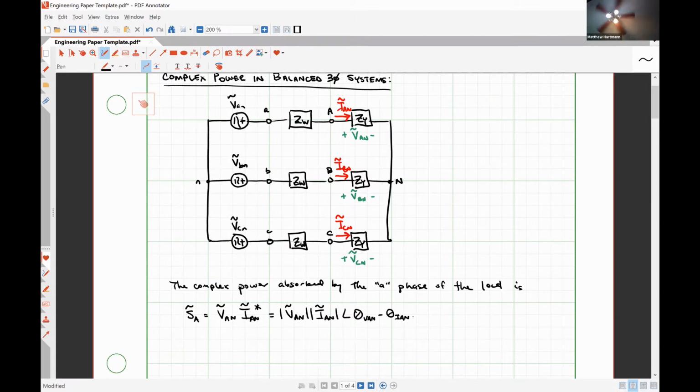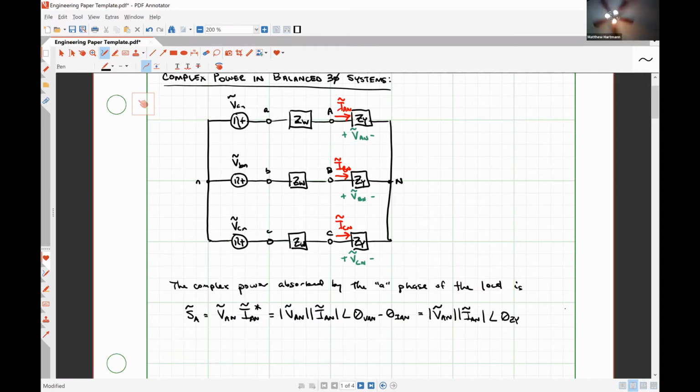The reason it's a difference is the conjugate operation, so it's theta VAN plus negative theta IAN. We can further simplify this by saying it's the magnitude of VAN times the magnitude of IAN times the angle theta ZY, because by definition, the angle of the voltage minus the angle of the current is the same as the angle of the impedance.